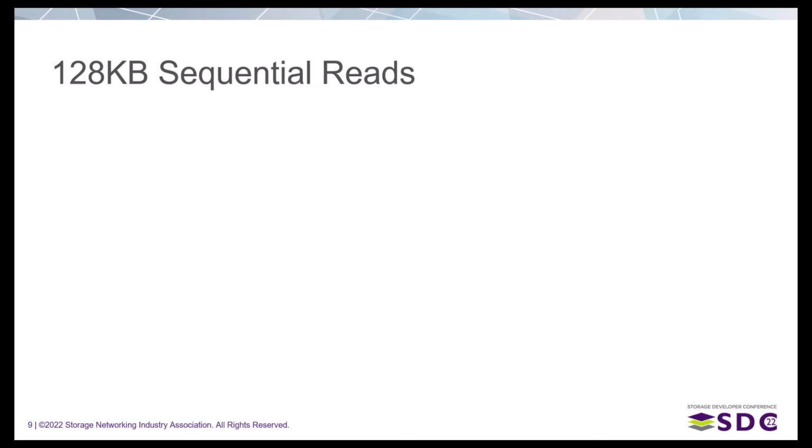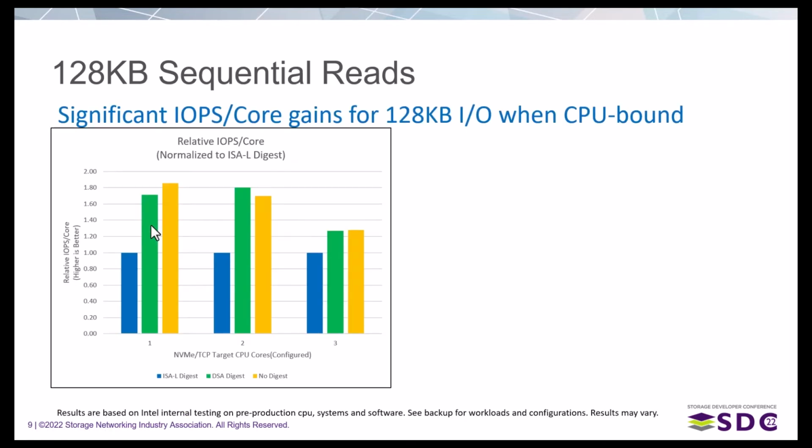So next, we're going to look at the performance and efficiency of offloading that CRC32C digest to DSA as we scaled the number of CPU cores that are used by that target application until the 400 gigabits per second network is saturated. This graph here shows the relative IOPS per core for the target application when it was using DSA to compute the digest, and that's the green bar.